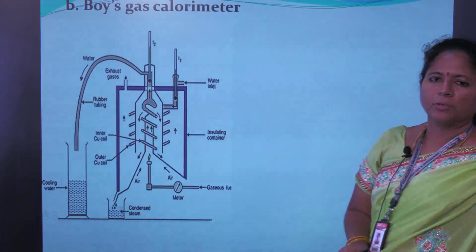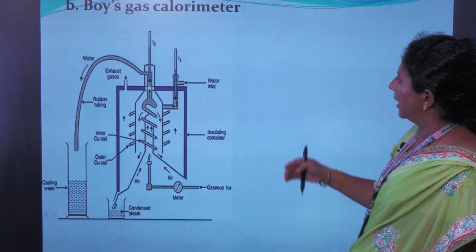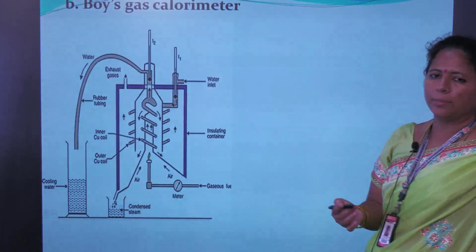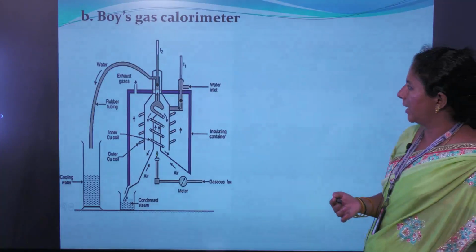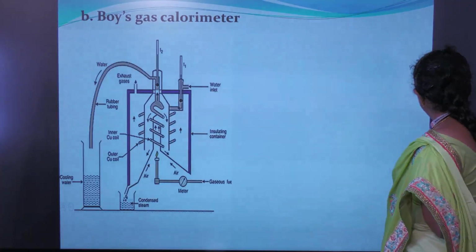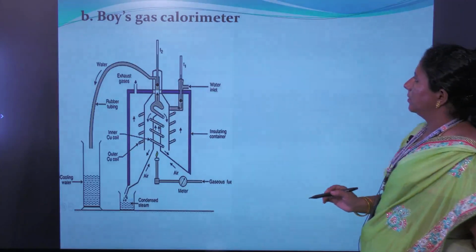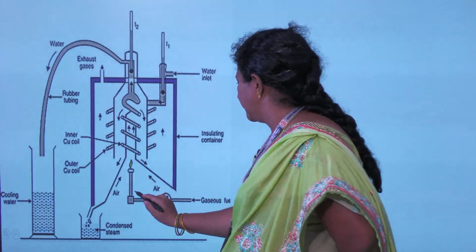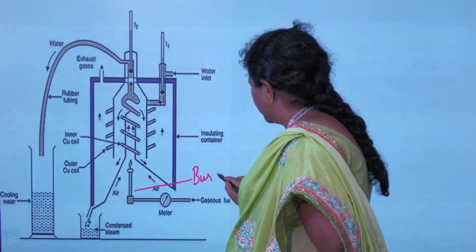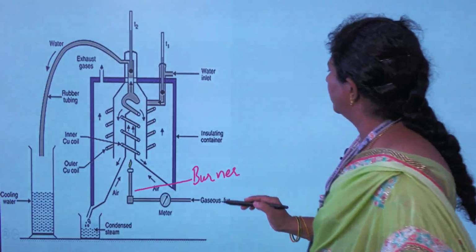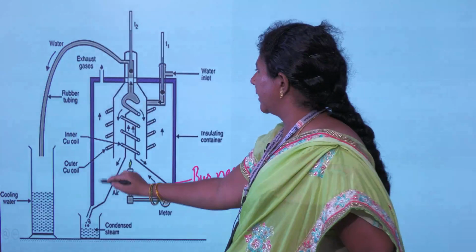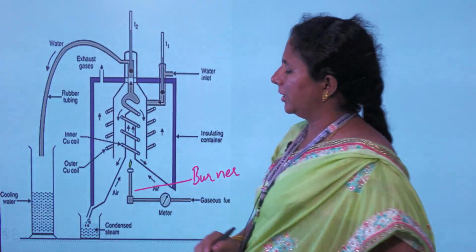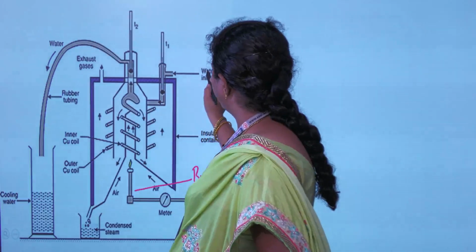Next, we will discuss about Boyle's gas calorimeter. Like Junker's calorimeter, this Boyle's gas calorimeter is also used to determine the calorific value of gaseous fuels and easily vaporized liquid fuels. So this Boyle's gas calorimeter mainly consists of a burner, this is an insulated one, the entire apparatus will be insulated, and these are the thermometers which are arranged, and this is the opening for water inlet.